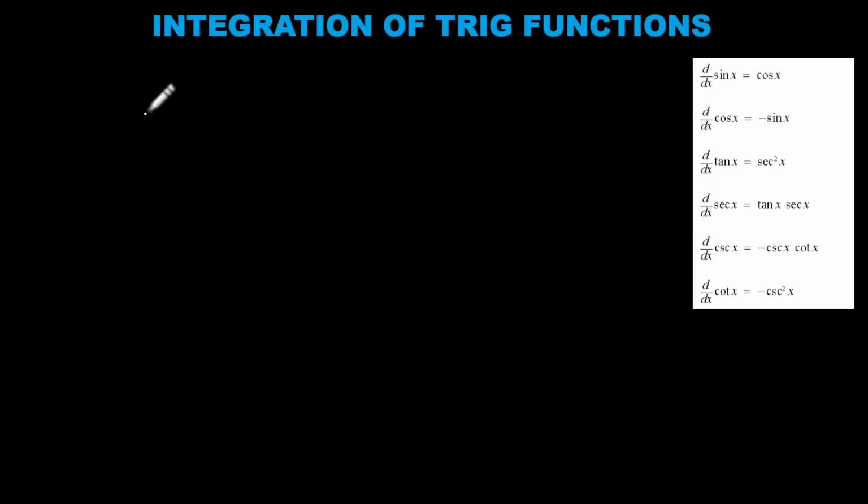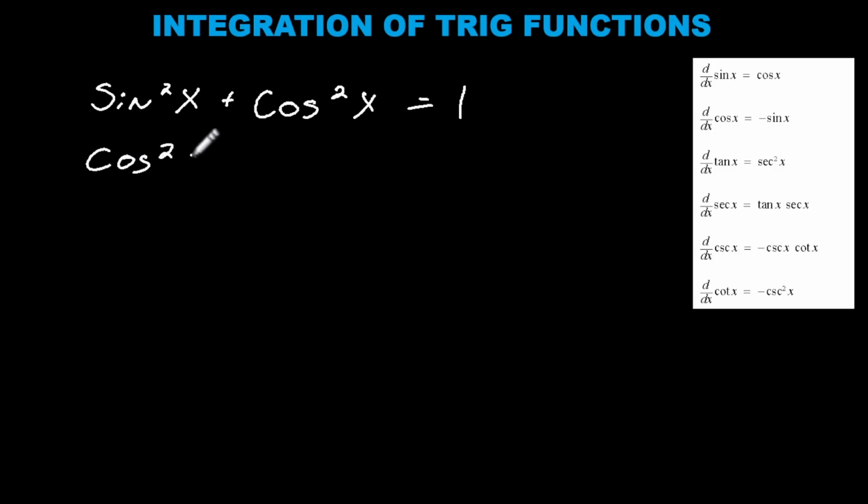When you're doing integration of trig functions, there are some trig identities which are going to be pretty common. So let's review a few of them here. So the first one is sine squared x plus cosine squared x equals 1. And then if I subtract sine squared x from both sides, I'm going to get cosine squared x equals 1 minus sine squared x.